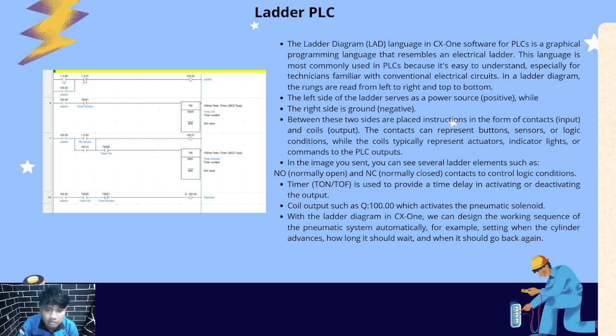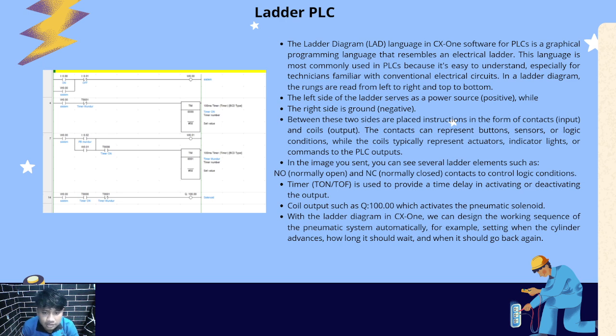Next, the timer is used to provide a time delay in activating or deactivating the output. Next, the coil output, shown as 10.00, activates the pneumatic solenoid.